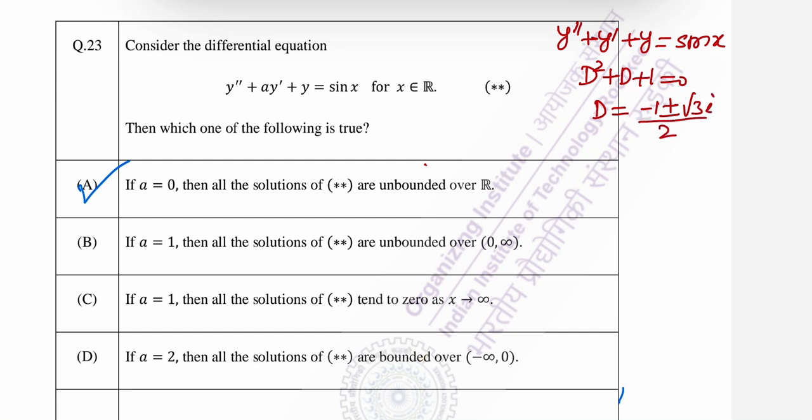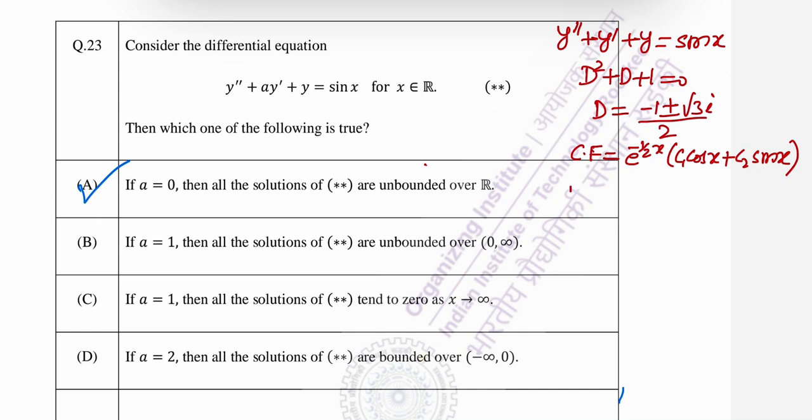So our CF will be e to the power minus half x, and inside the bracket it will be c1 cos x plus c2 sin x. This is the CF, and let us now evaluate the PI.